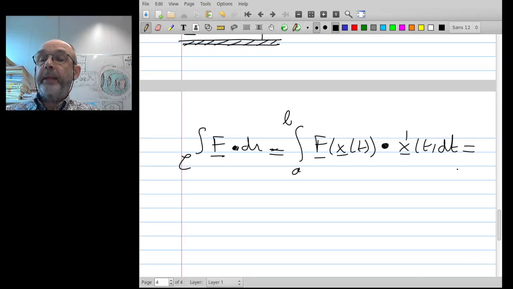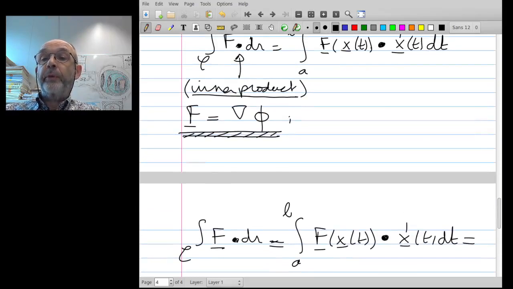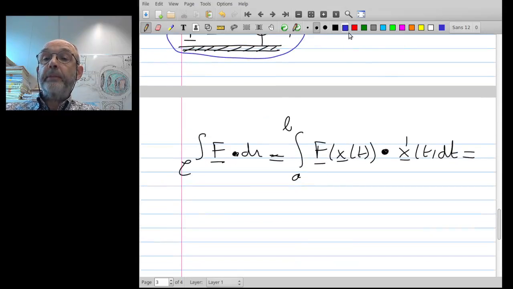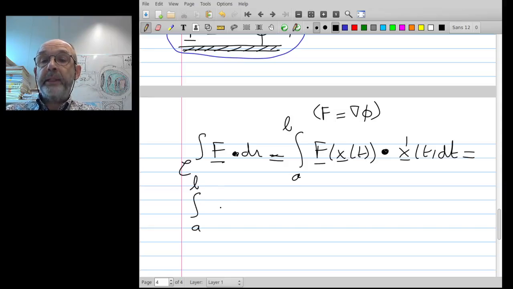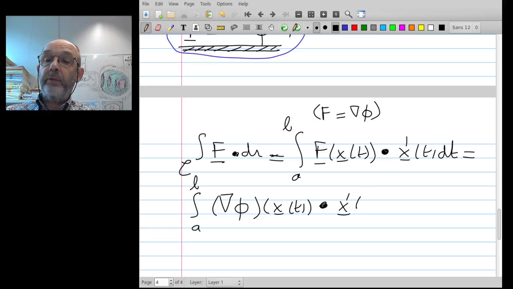And what did we know? We know that the vector field was the gradient of some potential. So we can fill in that integral: the integral from a to b of the gradient of the potential, filled in the values of that line, with the inner product with the velocity vector, dt.